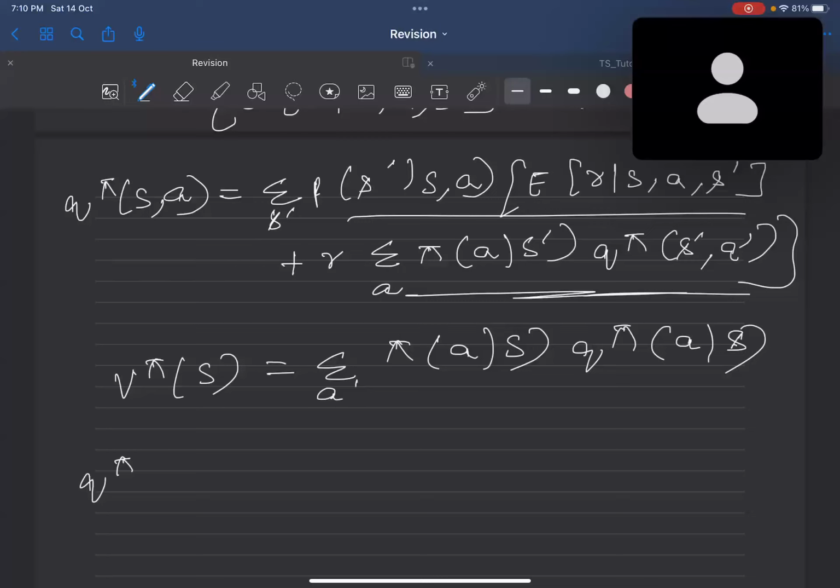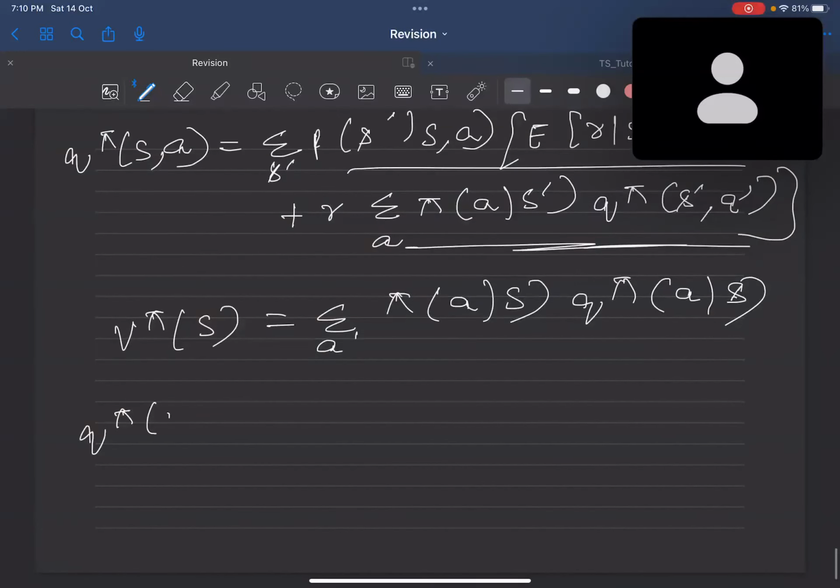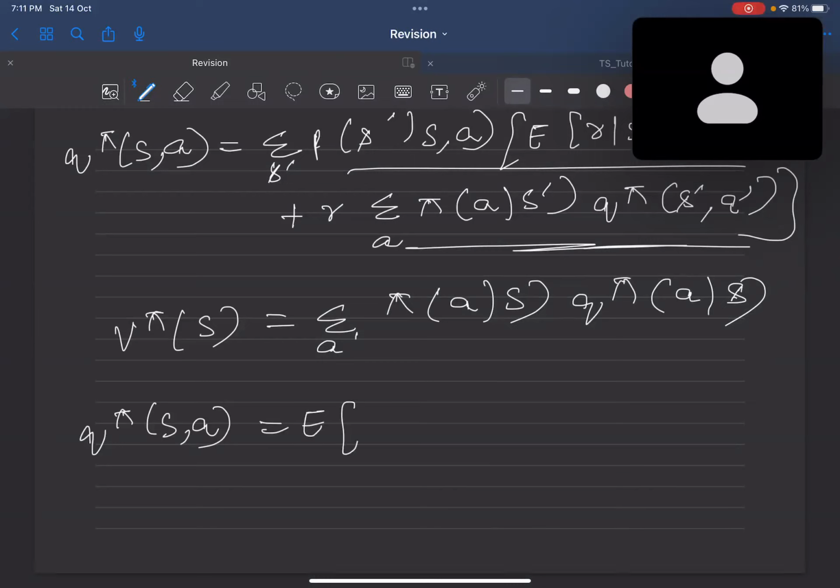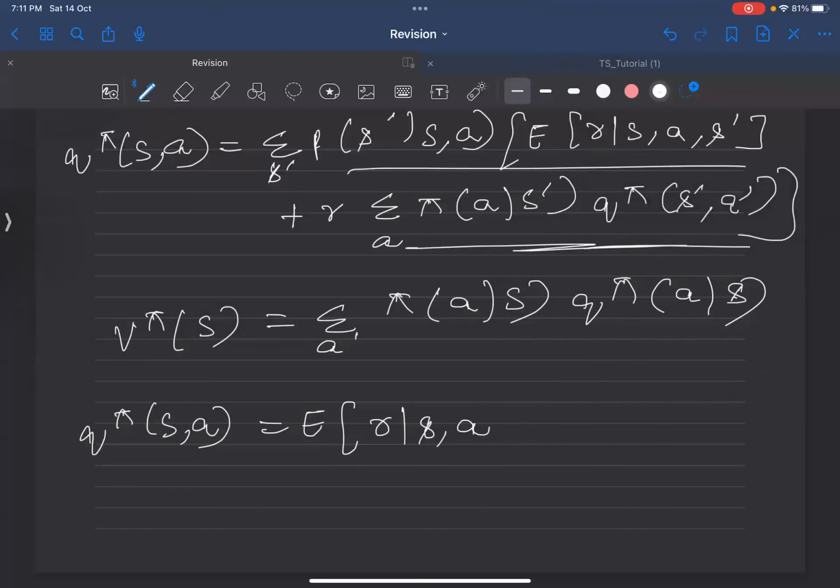Q pi of s comma a is equal to the expectation of r given s comma a, plus, close the bracket, sigma over s dash, p of s dash given s comma a, multiplied by V pi of s dash.